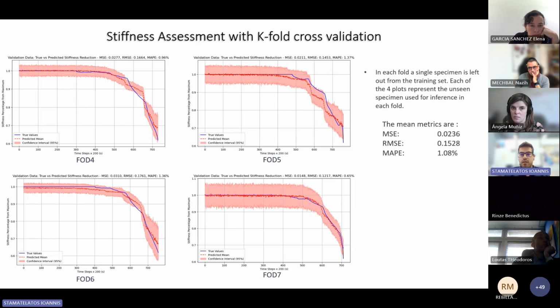So you can see that the network is capable, is robust. It can capture with great accuracy and minimum errors the stiffness.